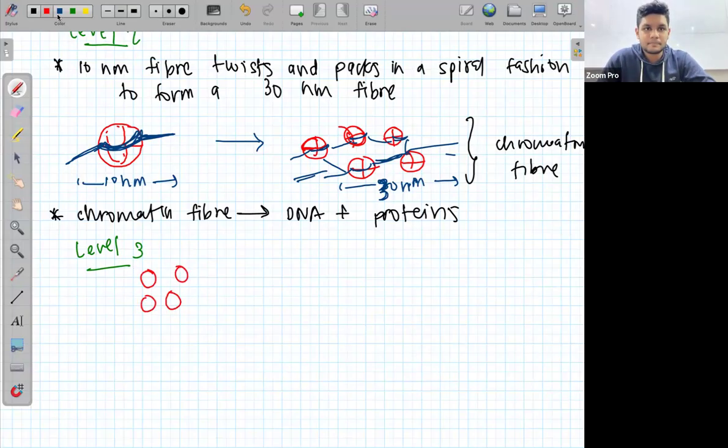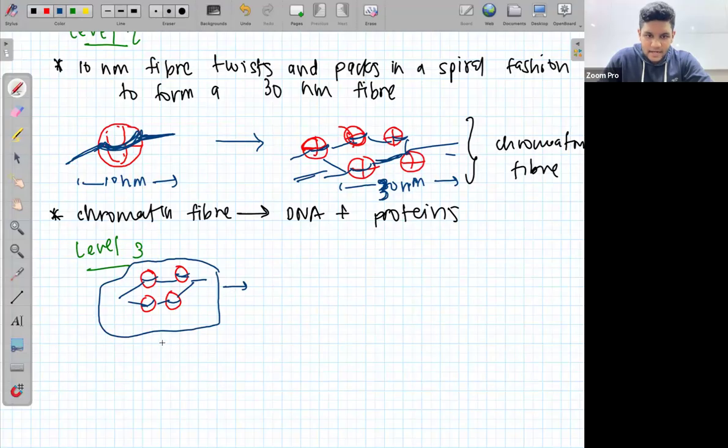It is looking like this, right? Instead of this complete structure, these are 30 nanometer structures. If you see it at a microscopic level, sometimes you might see it as stretch-like structures.